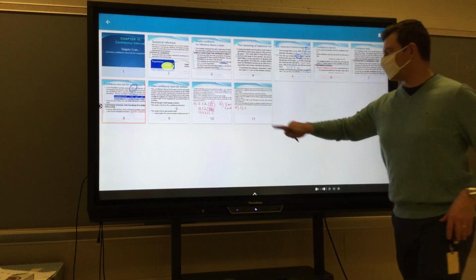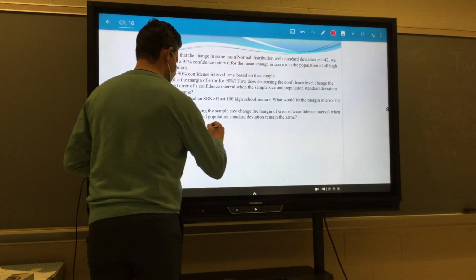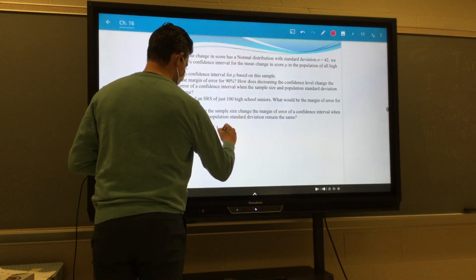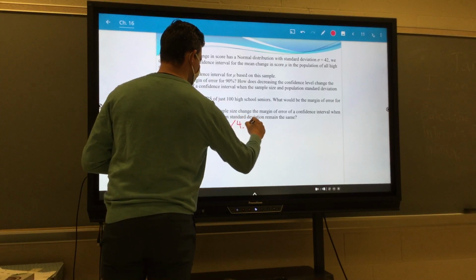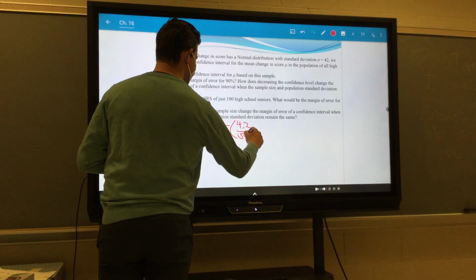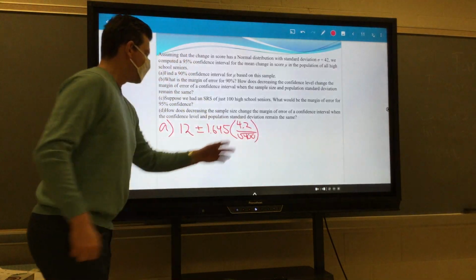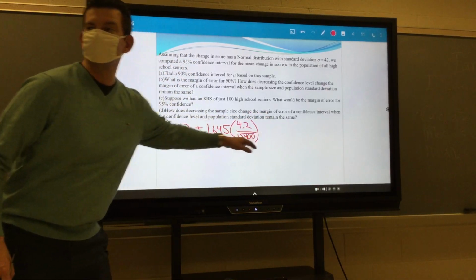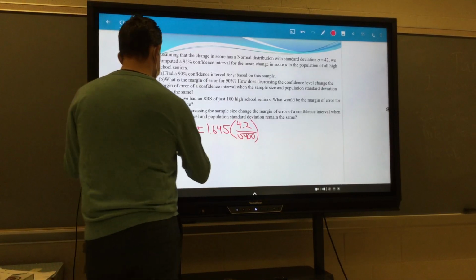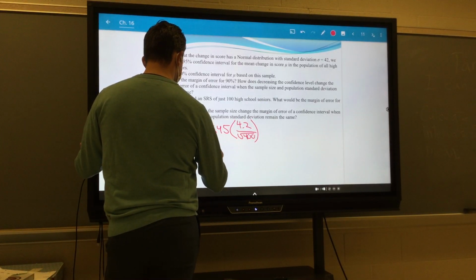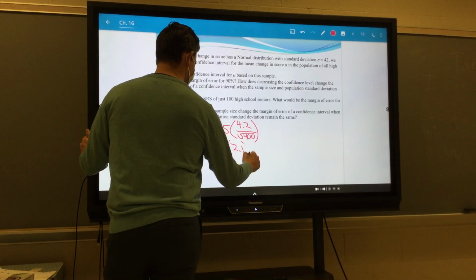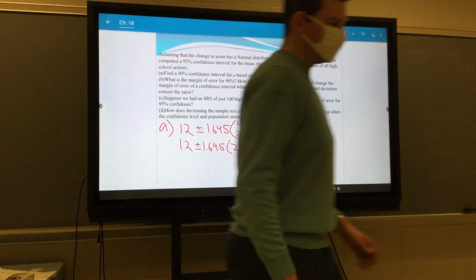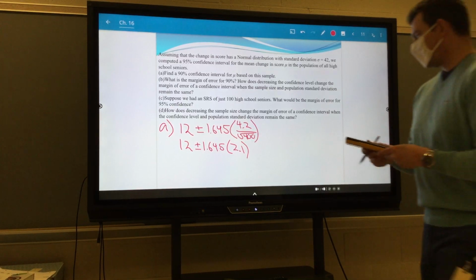That's replacing the 2 times. Our standard deviation is still the same, 4.2. Sample size still the same, 400. So we know that this gave us a value of 2.1. Again, I'm showing you a little more work than we need to show here. But try not to throw the calculator this time.